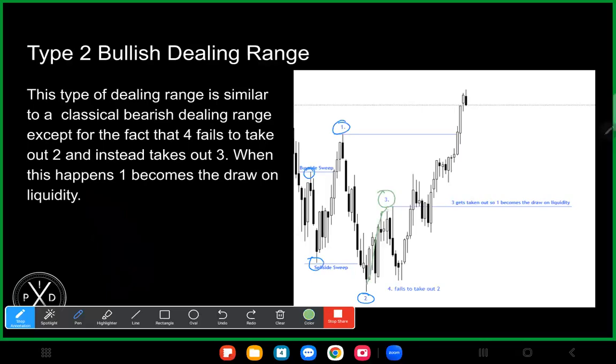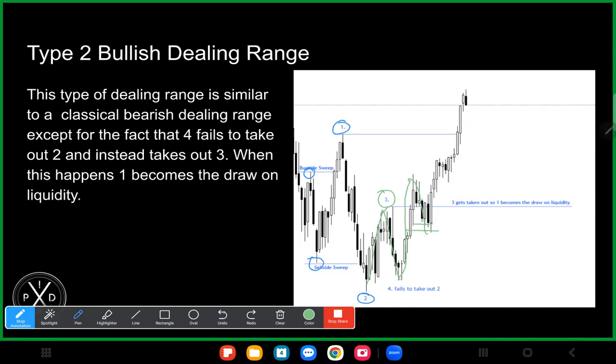And then what we expect is for phase 3 to lead to phase 4, which would take out 2. But since that doesn't happen, 4 fails to take out 2, but that by itself doesn't mean anything. So when 4 fails to take out 2 and instead takes out 3, that's when we anticipate for 1 to become the draw on liquidity. And then as you guys can see there, price retraces into this fair value gap, and then it takes off.